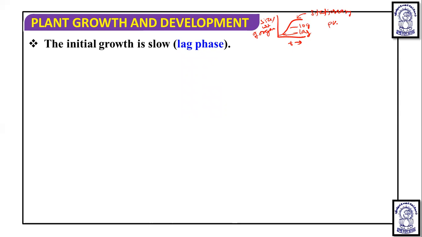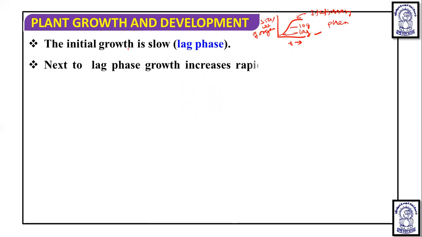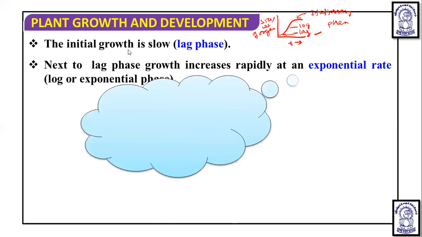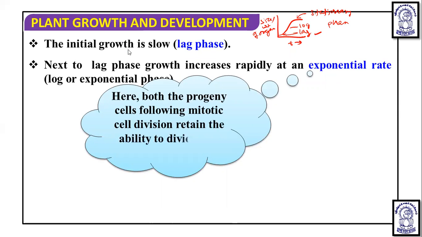Now what happens here? The lag phase is considered the preparatory phase, where the initial growth is slow. Next to the lag phase, you will see a rapid increase in growth at an exponential rate, that is the log or exponential phase. In the exponential phase, both progeny cells following a mitotic cell division retain the ability to divide and continue so on.